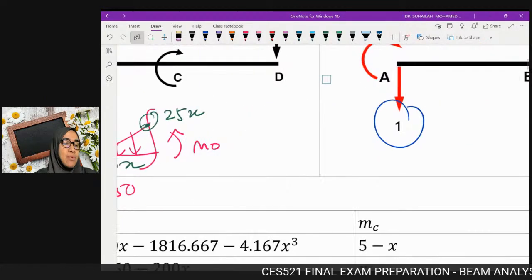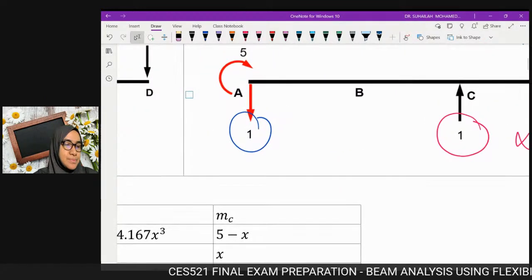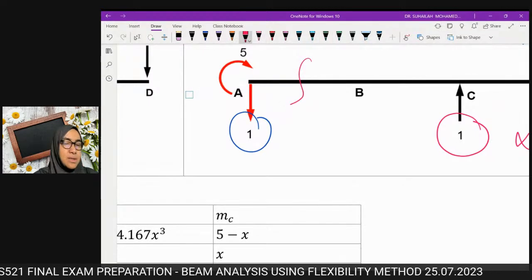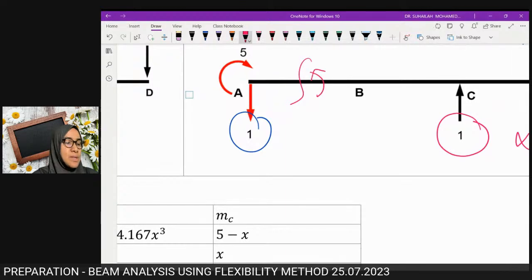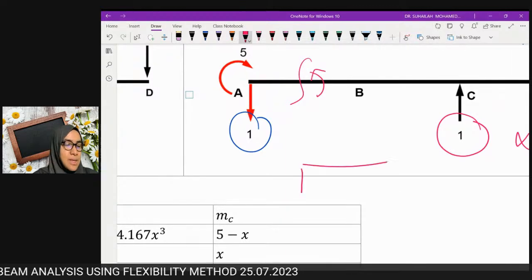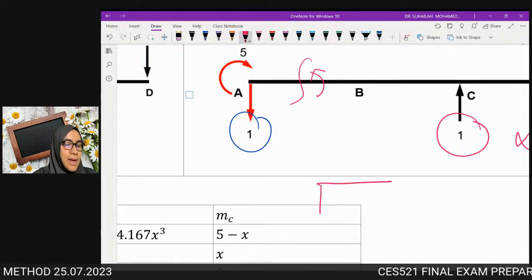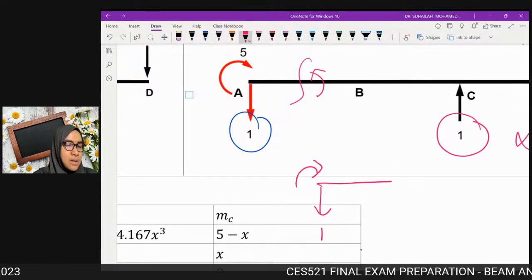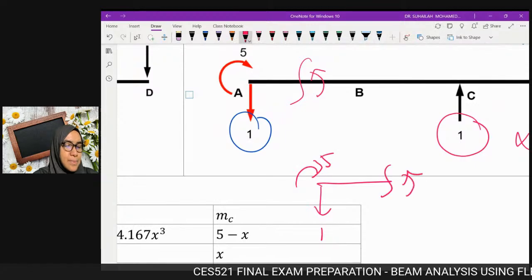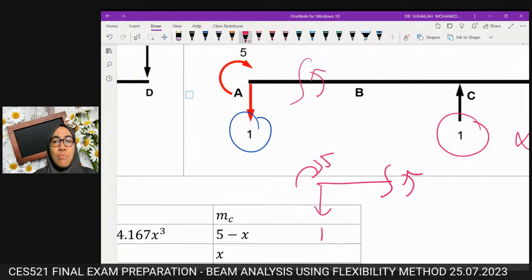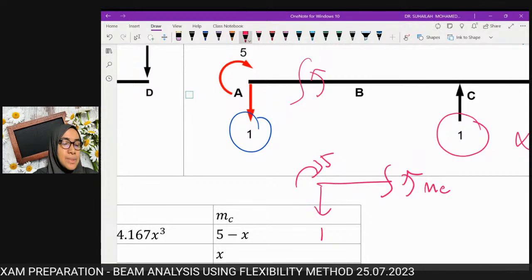When we move to this, the cutting section here, the moment is like this. Again for the cutting section, the most important thing is the right moment equation. So this is MC.